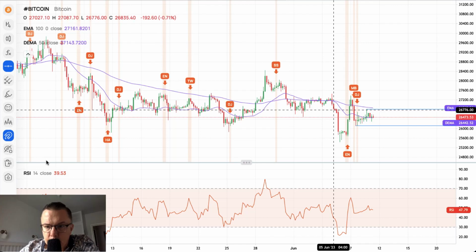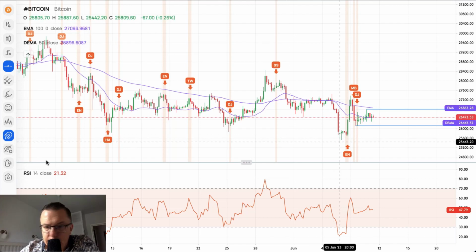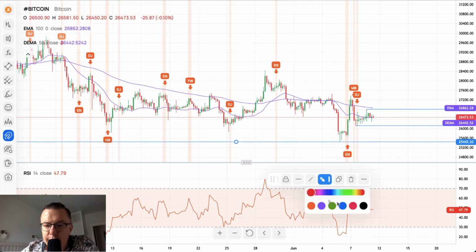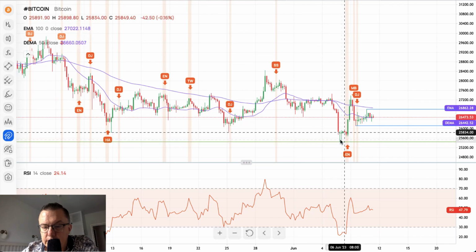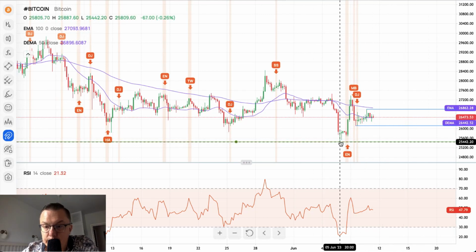But in the background, we have a downtrend that made a new local low and swing low at 25,442.